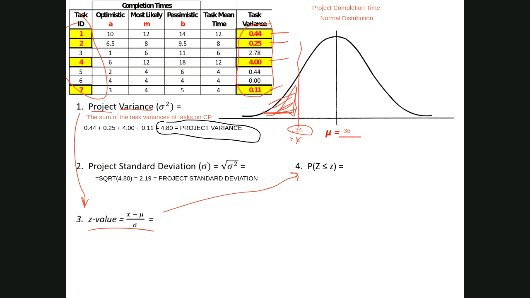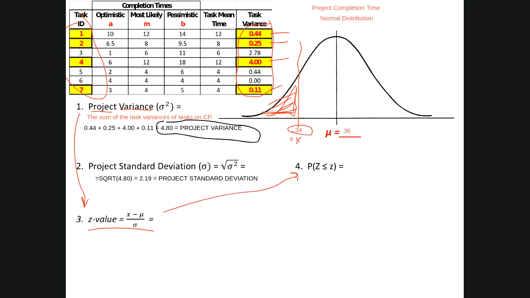Now we're going to use that to calculate our z value. We know that our x is 34, our mean is 36 from our network, and now we know our project standard deviation, so we can calculate the z value. This is 34 minus 36, which is negative because it's on the left side of our mean, divided by 2.19.